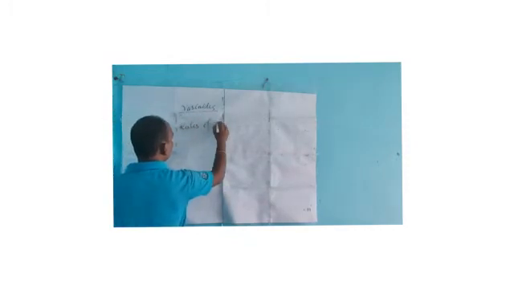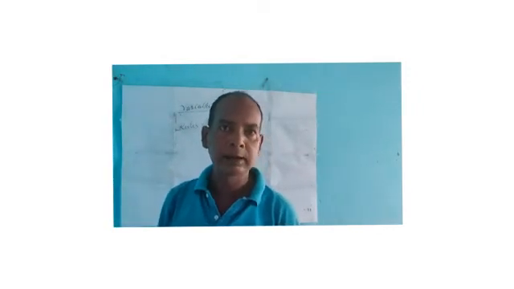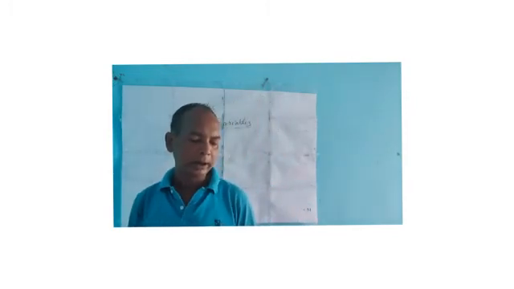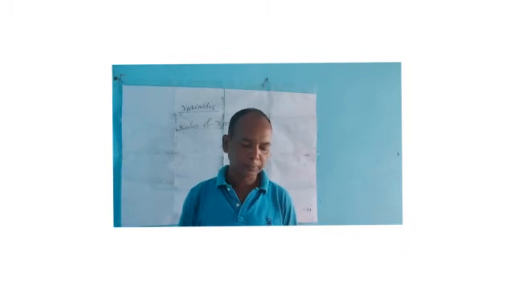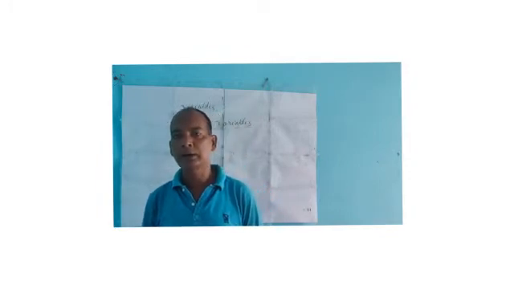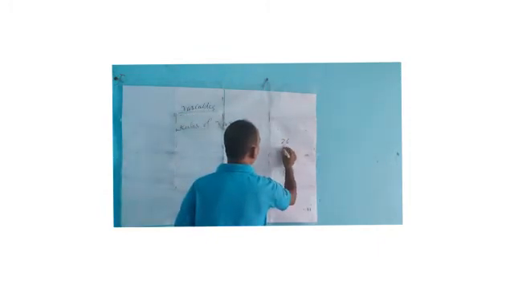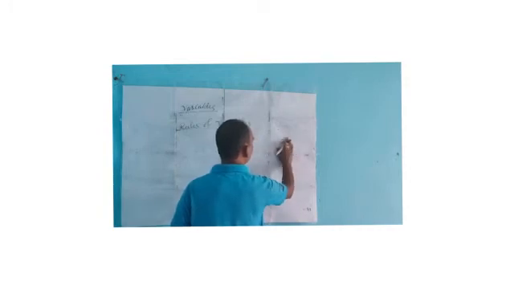Number one: a variable name is any combination of 1 to 31 characters. Under the 1 to 31, you can use 26 alphabets, underscore and digits.